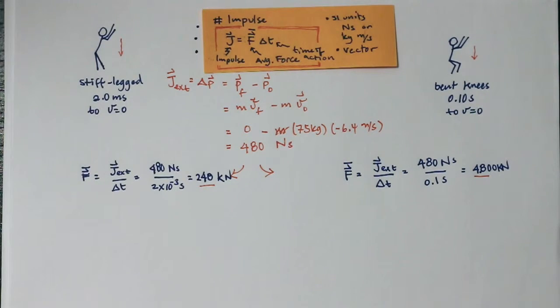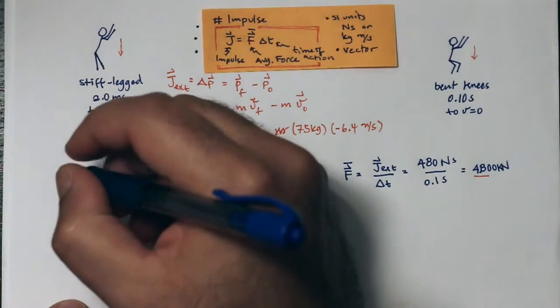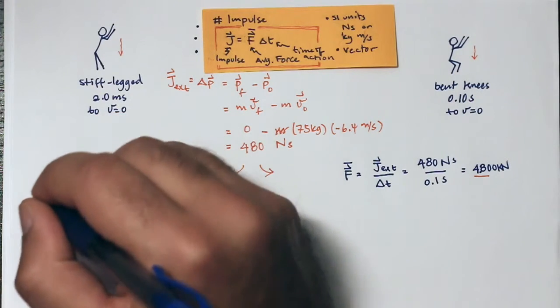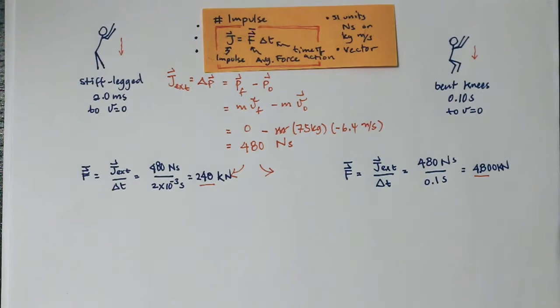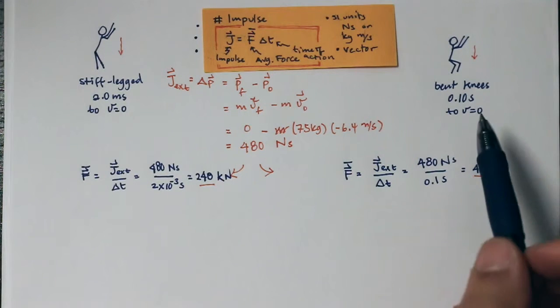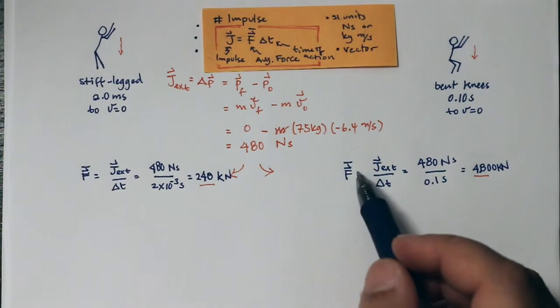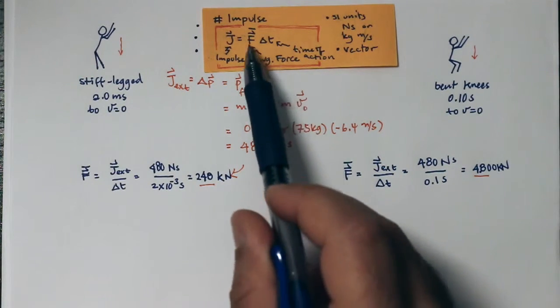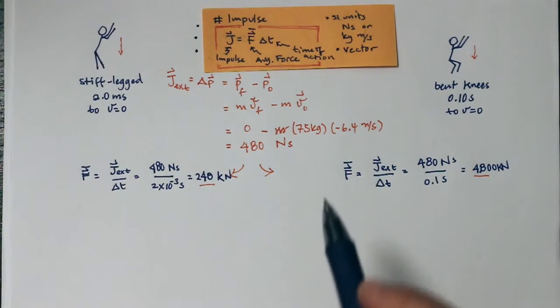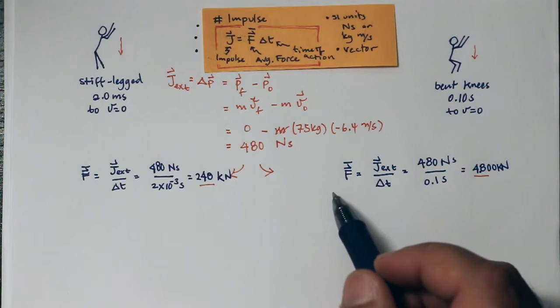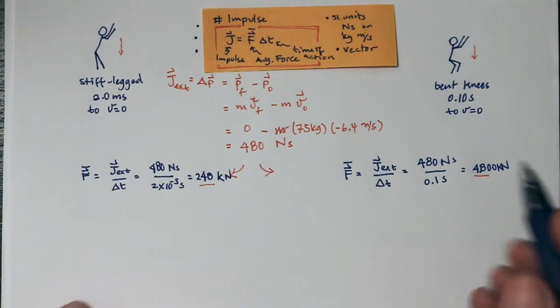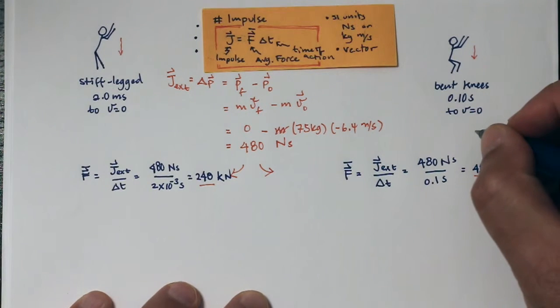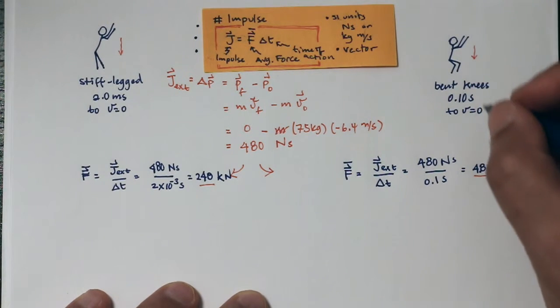So the second part of the question, or the third part, for those keeping track, is asking about the normal force. Basically, what we've calculated here is the average net force. What we want to break that into is we want to find the normal force, which is the force of the ground acting on the person.